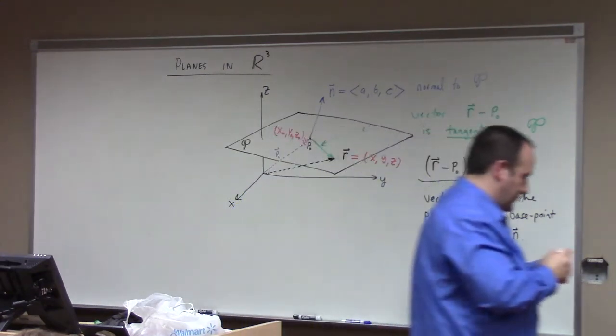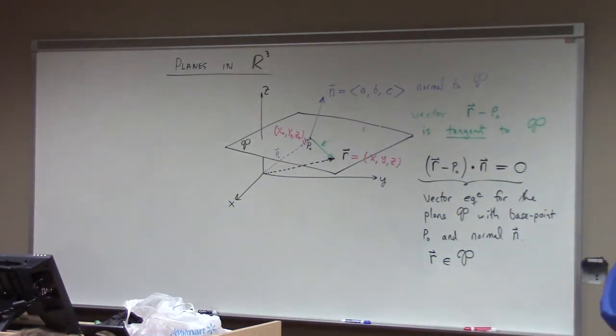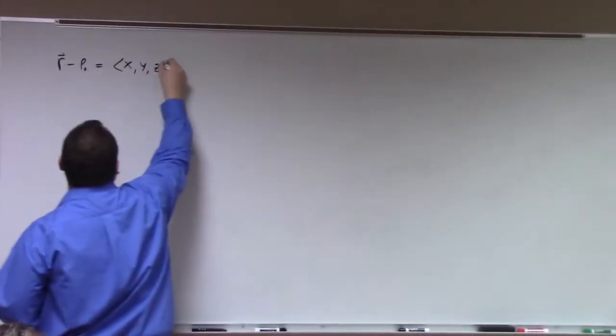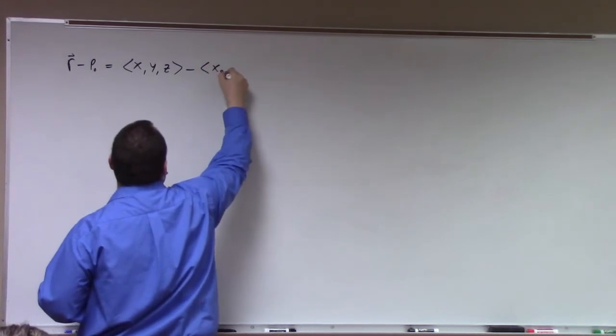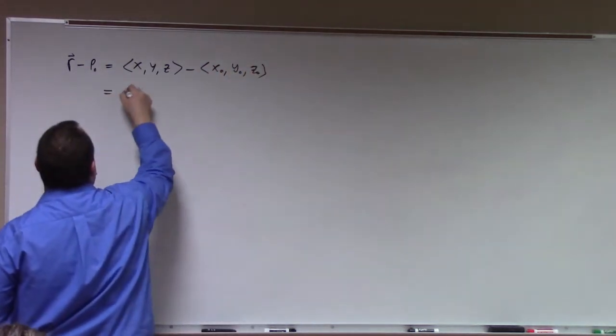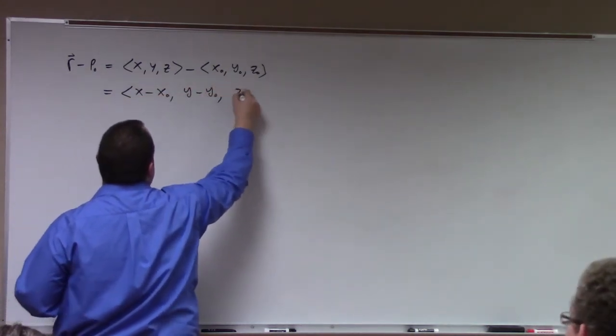So then what is R minus P naught in that case? So we're looking at x, y, z minus x naught, y naught, z naught, right? So that is actually just x minus x naught, y minus y naught, z minus z naught.